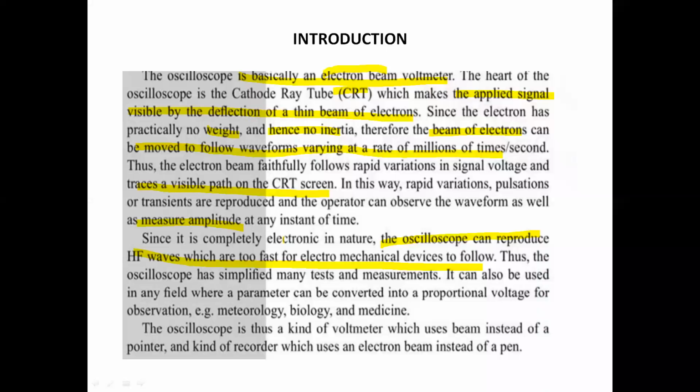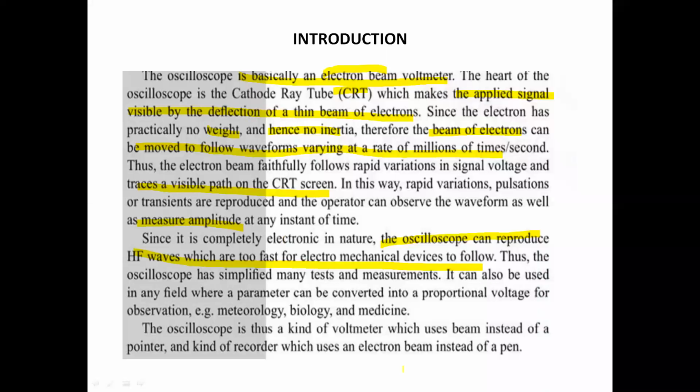But a DC voltmeter is not a completely electronic instrument, because there we use a permanent magnet, coils and springs. So mechanical components are also involved in the PMMC. But the CRO is completely made up of electronic components. That's why, for high frequency waves which are too fast for electromechanical devices, the CRO is better than those devices.